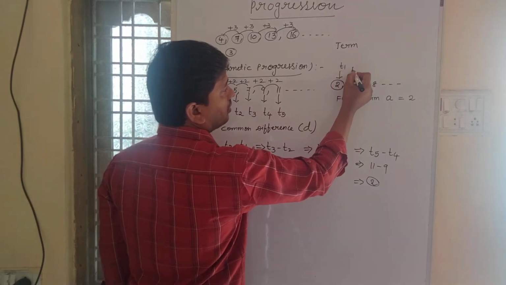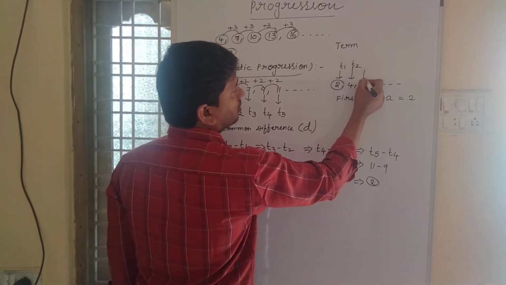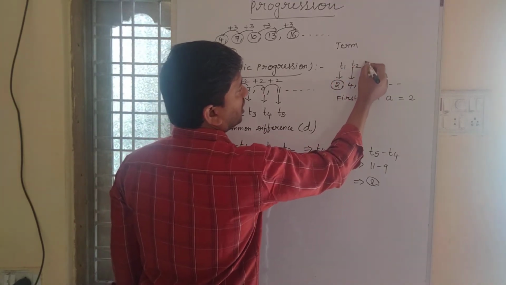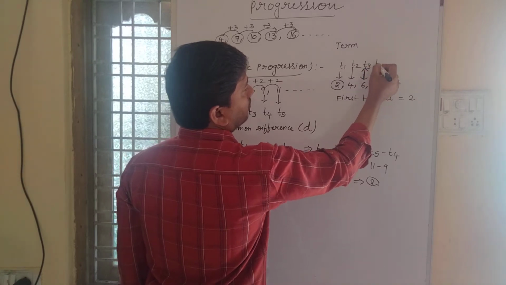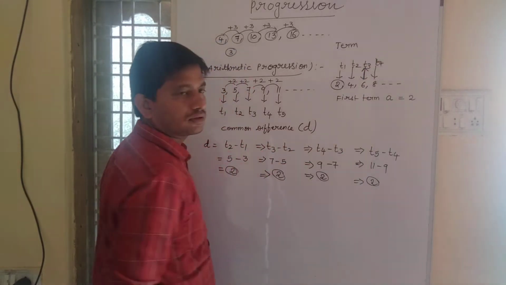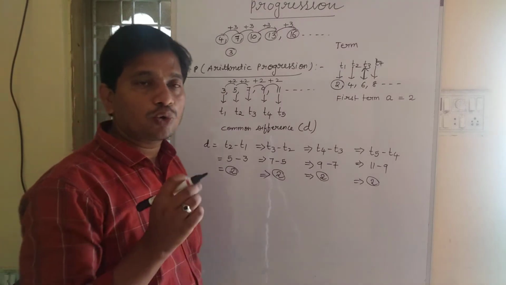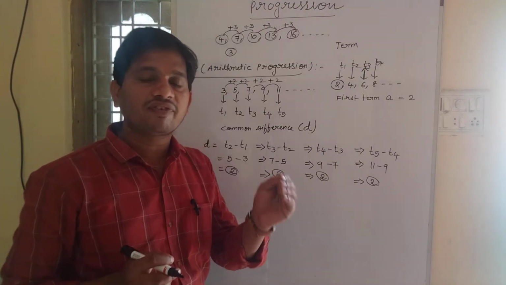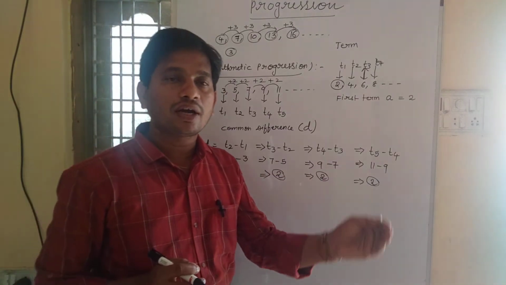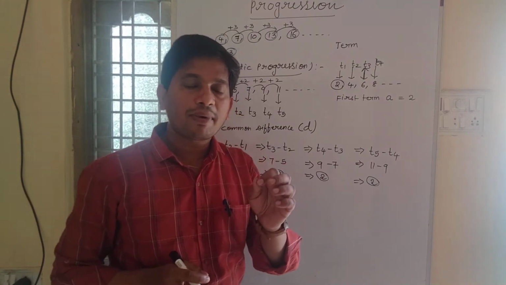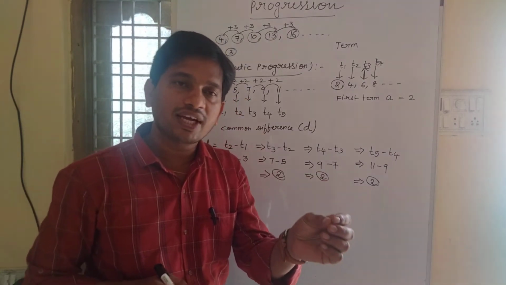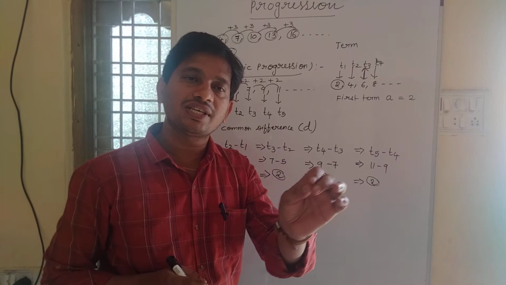This is our term 1, term 2, term 3 and term 4, right? So the thing is how to find whether the given sequence of numbers is in AP or not. I mean, if the common difference is constant, then we can say that the given sequence of numbers is in AP.